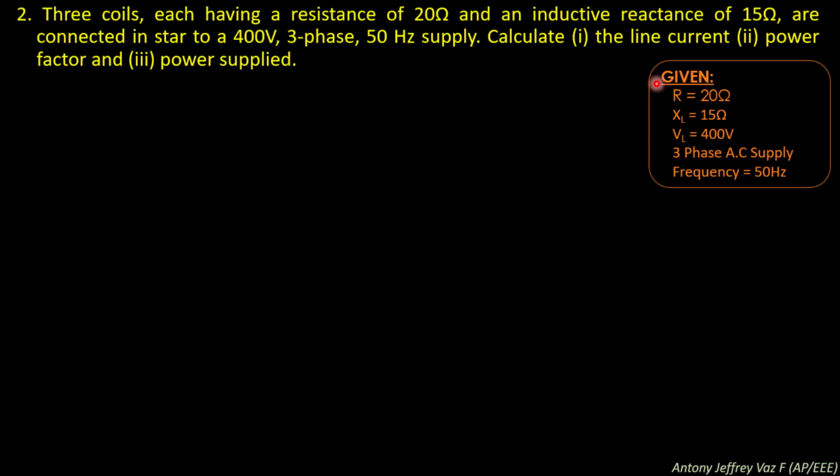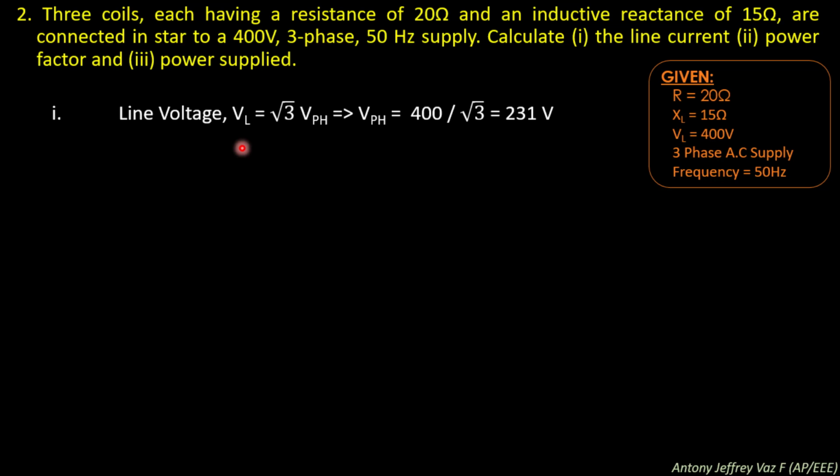The given data are resistance is equal to 20 ohms, inductive reactance XL is equal to 15 ohms, and the line voltage is 400 volt. The resistances are connected in star. The supply configuration is 3-phase AC supply and the frequency is 50 Hz. These are all the given data from the problem.